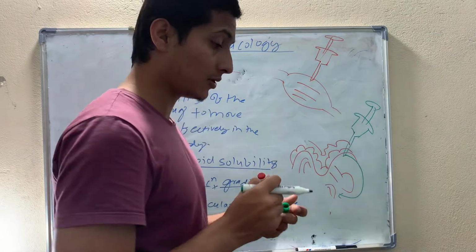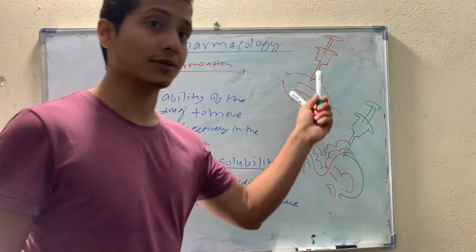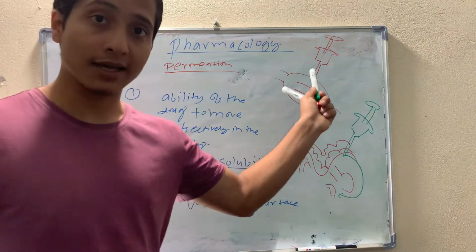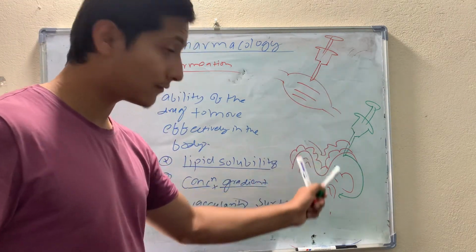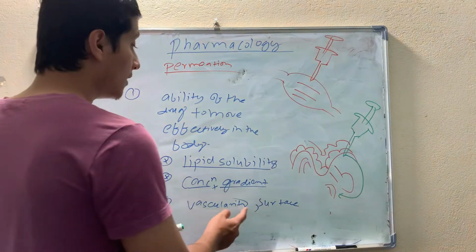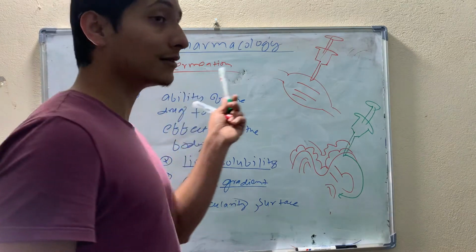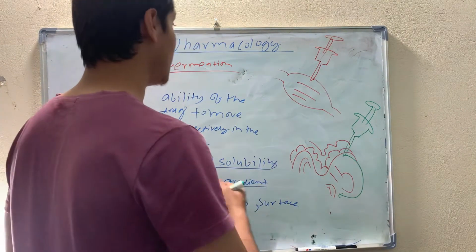The drug is able to move effectively through the IM route, but not as much through the subcutaneous route. So the more vascularity, the more easily the drug moves effectively in the body.